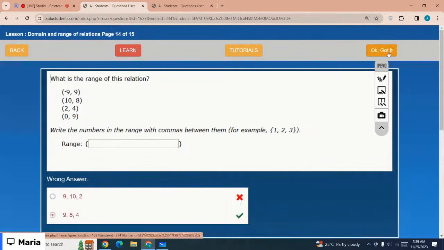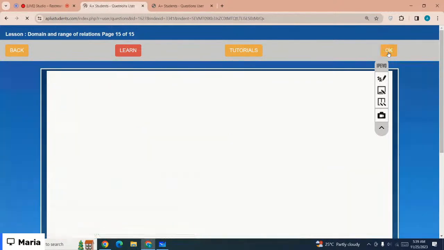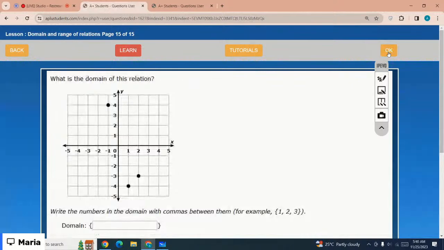Oh, you have to see the range. 9, 4, and 8 is the range. Sorry. What is the domain of the relation? That is -1, 1, and 2. Right?